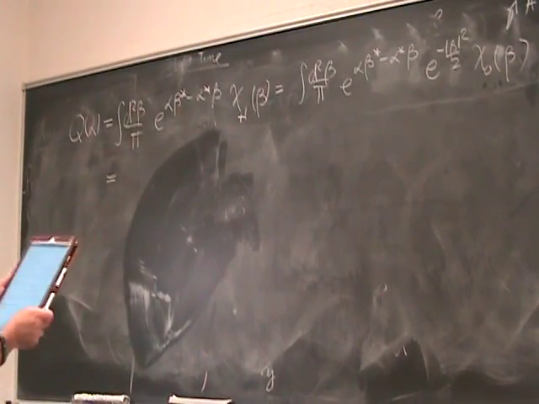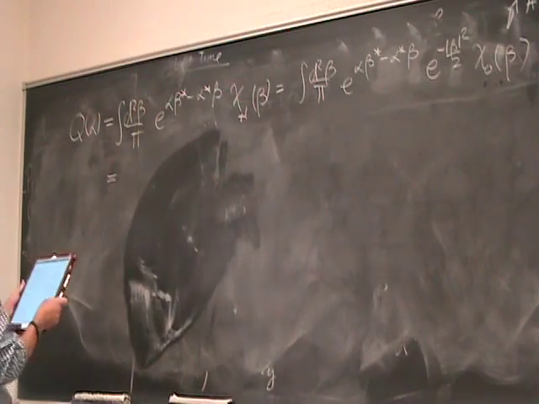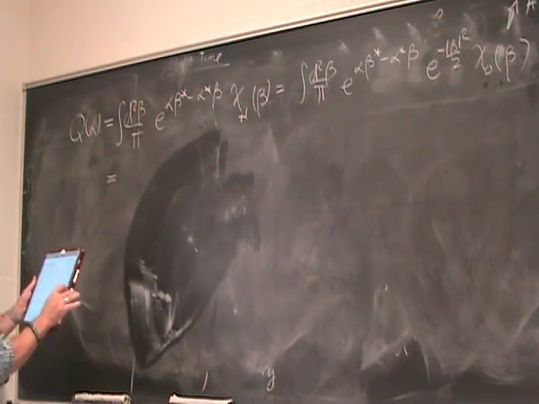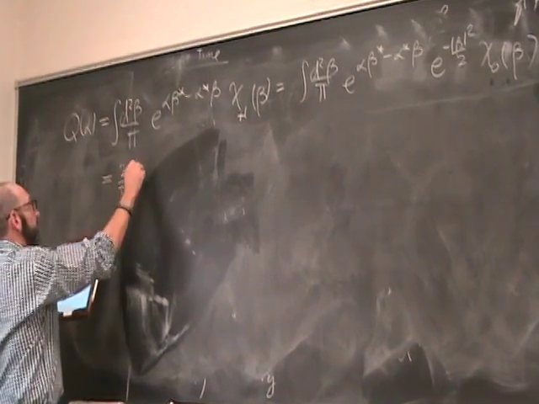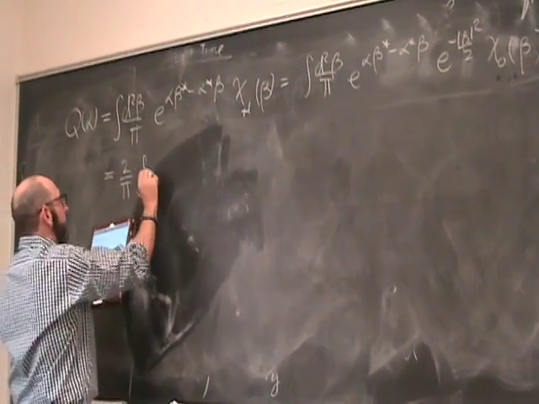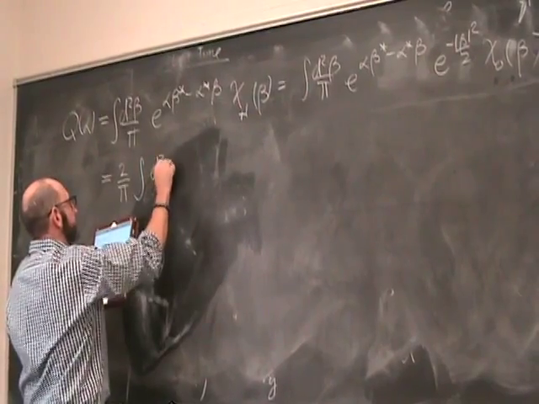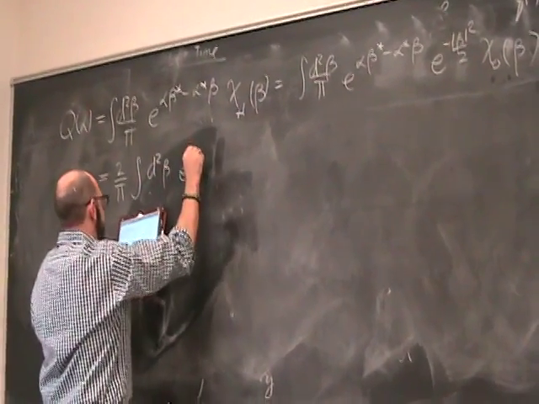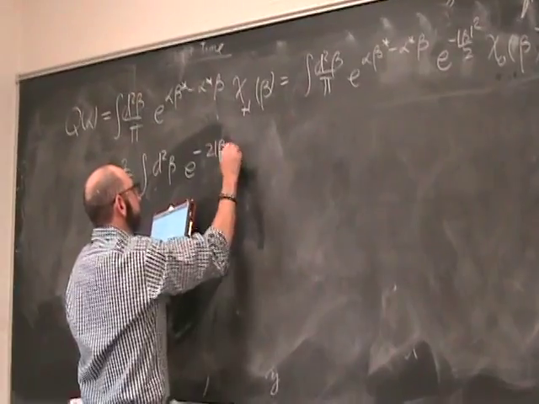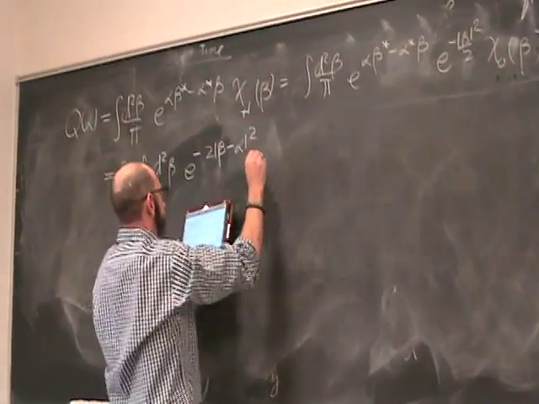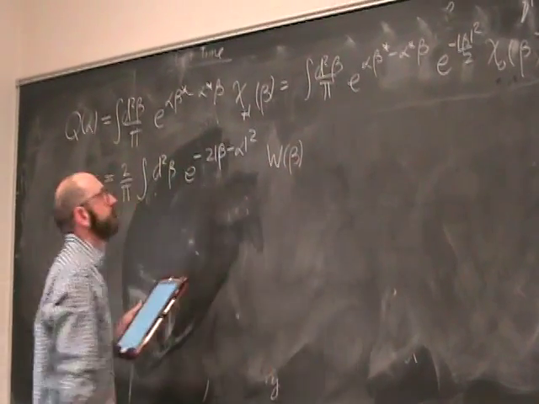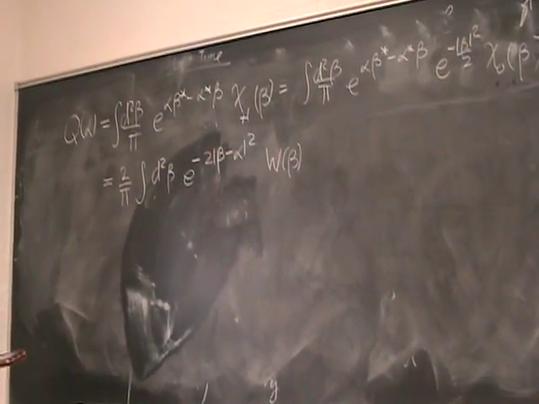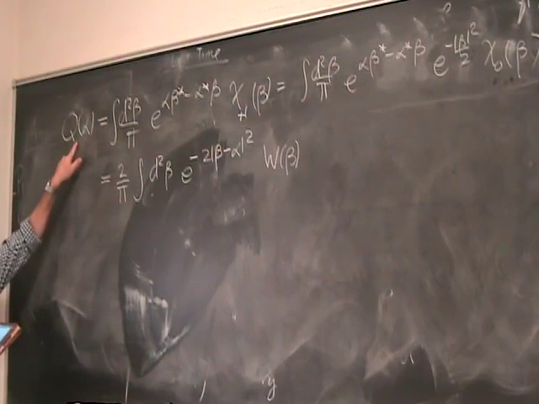So let me try to get this factor right for a change. So this is equal to, when you do that integral, 2 over pi, the integral over beta, the convolution with the Gaussian. Okay, this says what?